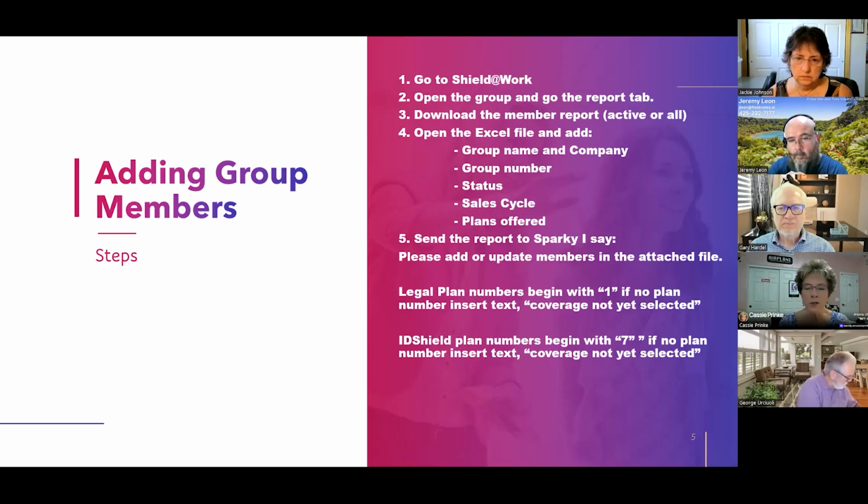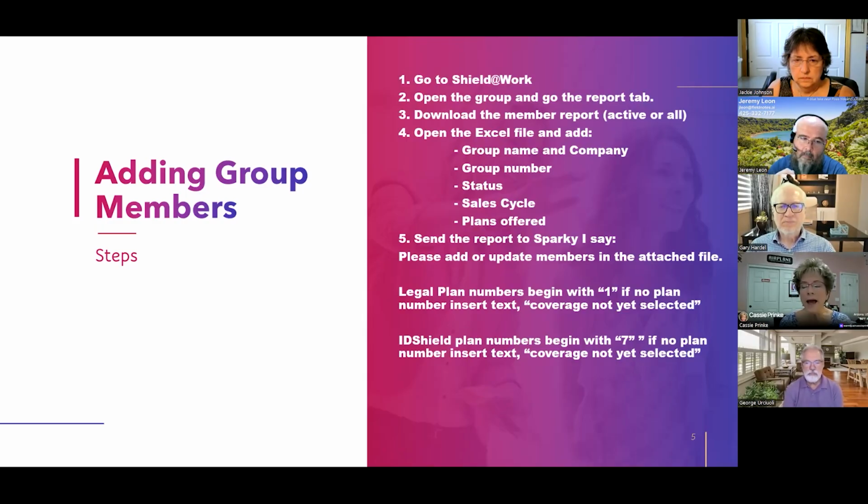But of course, once you save that Excel file, Sparky and you are not going to know what group that's part of unless you happen to recognize the email addresses or something. So I always put in a column for the name of the group and company, the group number, the status, the sales cycle, and the plans offered. So I add those 5 columns to what is downloaded from Shield at Work.